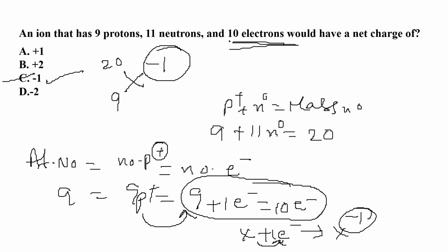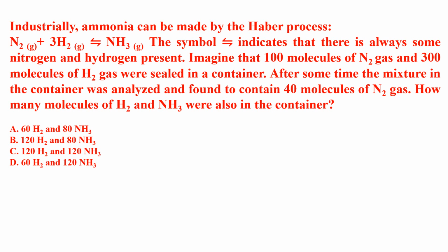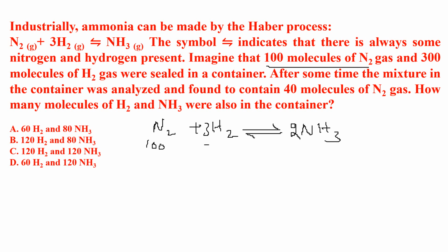Similarly, here N2, Haber's process, this is a very important reaction. Generally Haber's process is where nitrogen gas reacts with hydrogen gas. In dynamic equilibrium, it gives rise to NH3. Here 2 moles of NH3 are formed. Based on the information, 100 molecules of N2 react with 300 molecules of H2. It is given.